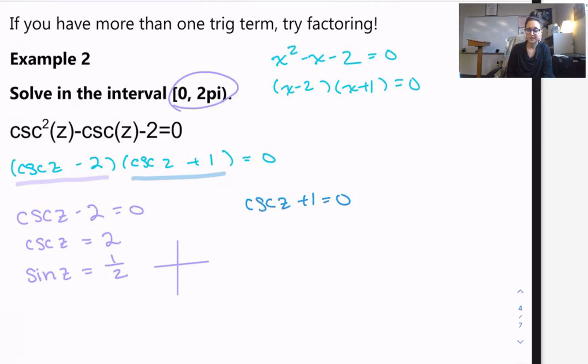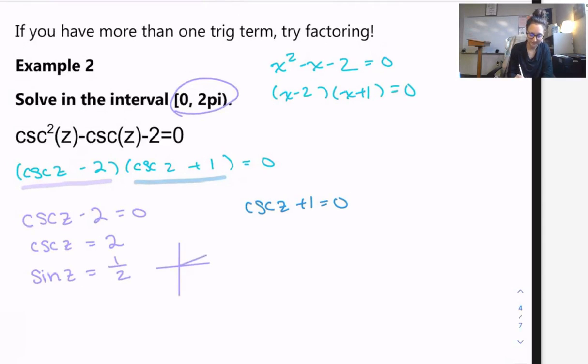And then are we closer to the x-axis, the y-axis, or right in between? We'll be closer to the x-axis in this case. So here and here, right? So in this case, z, if I'm closer to the x-axis, I have a denominator of 6. So I've got pi over 6 and 5 pi over 6 there.